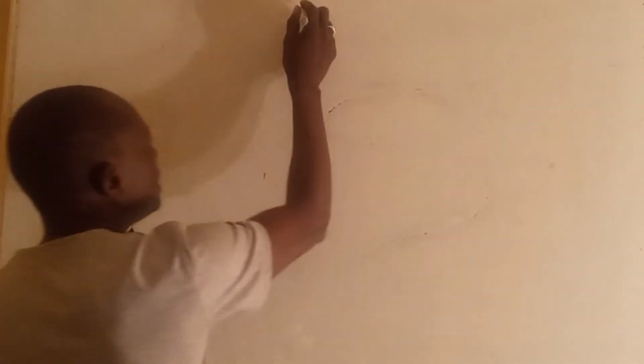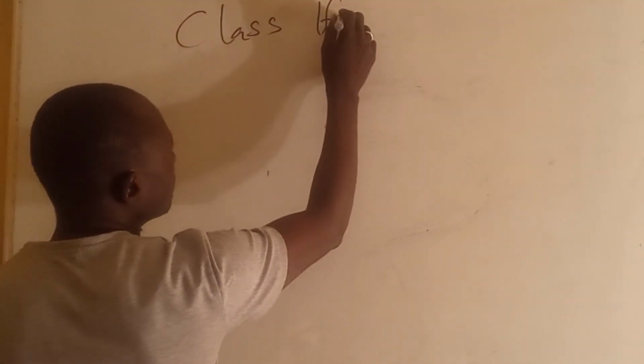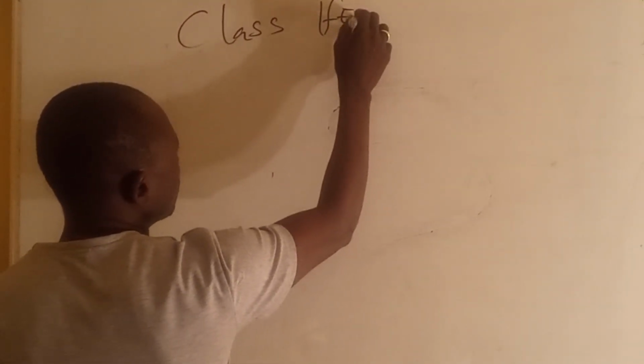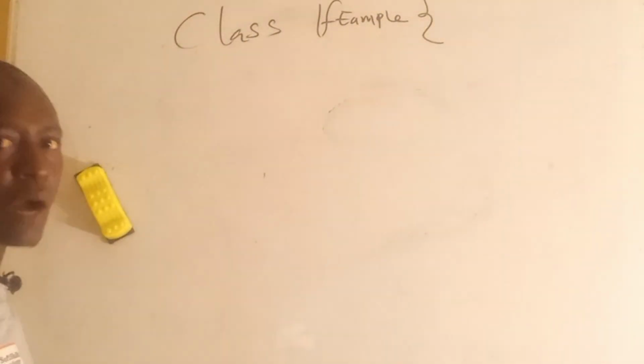So, looking at this, as usual, we are going to declare a class. Please let me use the full board. Here we say class, let's use IfExample. If example, we open our curly bracket here. Are we together?